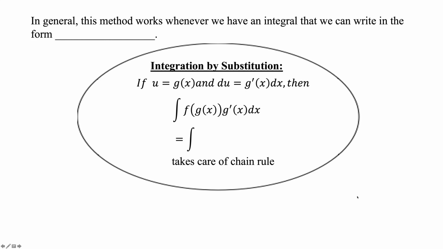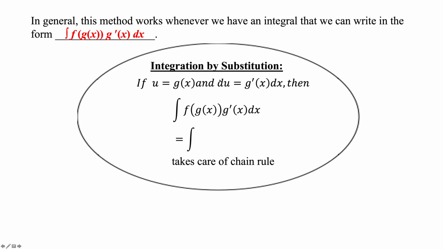In general, this method works whenever we have an integral that we can write in the form of f of g of x times g prime of x dx. Wait a minute. I know this. That is the chain rule. So integration by substitution is like the chain rule for integration.